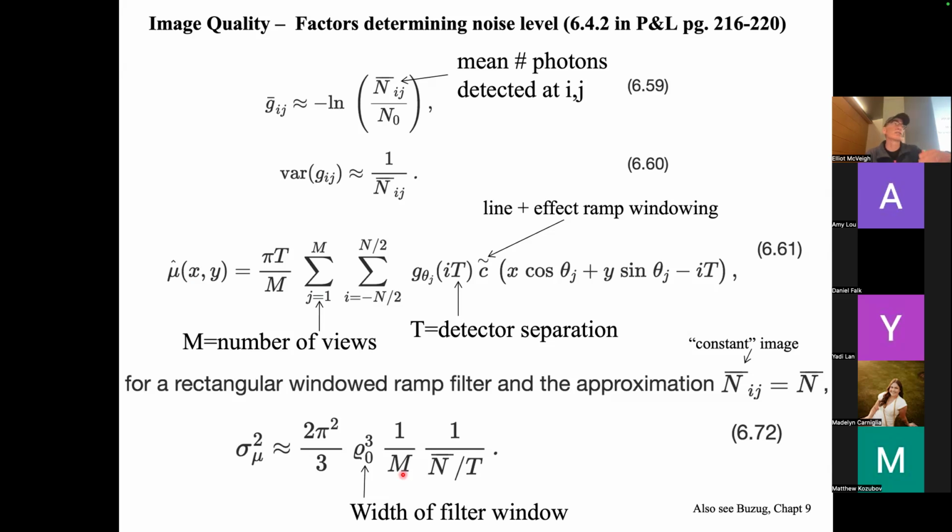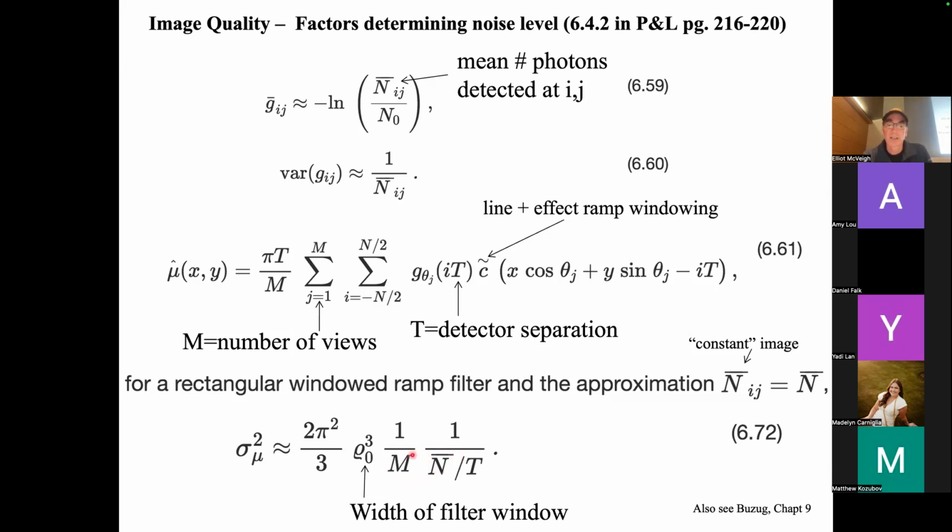If I'm taking 360 views and I get a picture and I look at the noise in the background and I measure sigma and I get 1, then if I do 720 views and nothing else changes, the sigma goes down by root 2. That's why you always talk about sigma squared, because you don't have the roots.